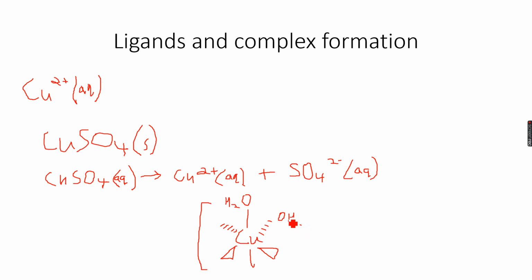Don't get confused about OH2. It is basically H2O, but we write the O first because the copper is bonding to this oxygen atom. I'll be telling you why. Just a second, let me complete this complex ion.